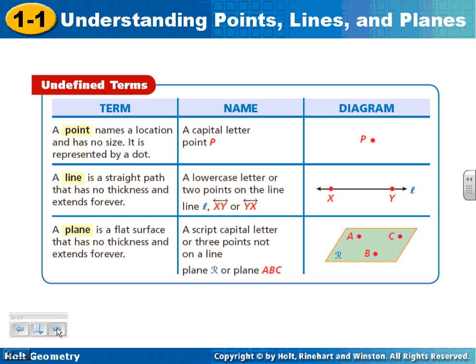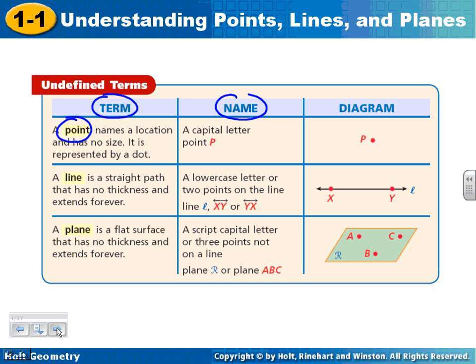Next slide. Here's a nice little chart that defines point, line, and plane better. Let me start here with a point. I'll circle it. A point names a location that has no size. It is represented by a dot. That's the term, that's the vocabulary. The name here in this chart is always a capital letter.